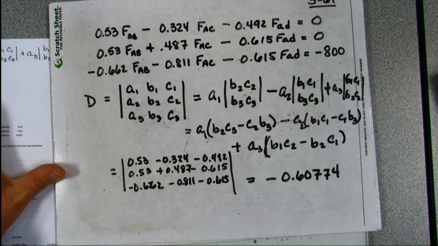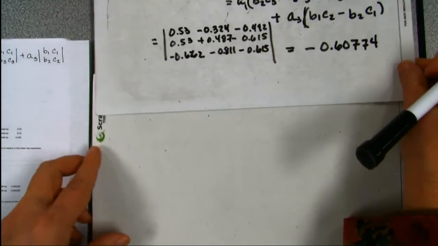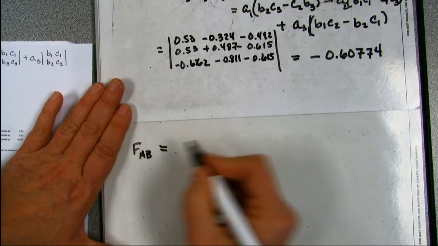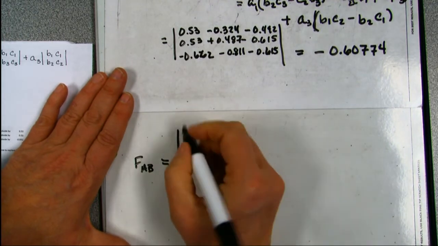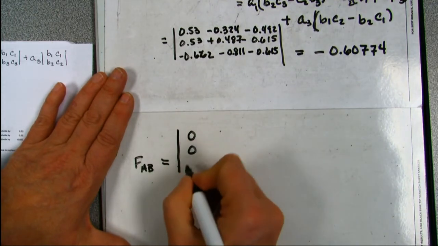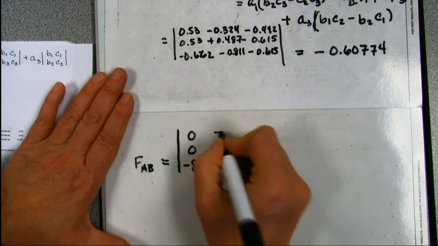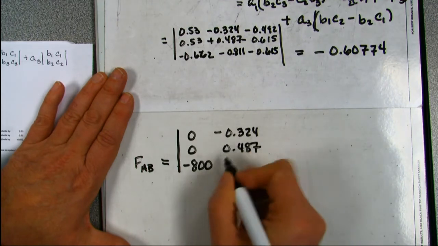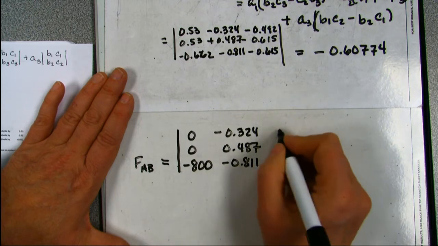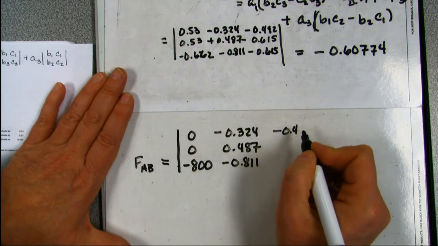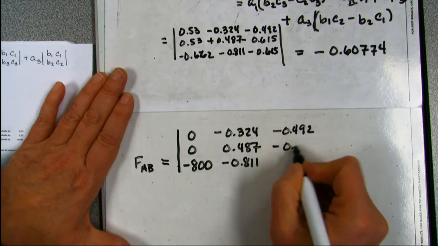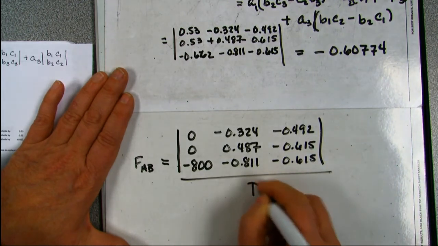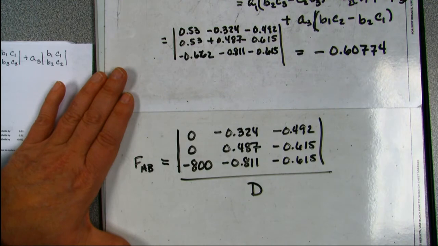I do that because to solve for FAB, FAB is going to be the determinant with 0, 0, minus 800 in the first column, then minus 0.324, 0.487, minus 0.811, minus 0.492, minus 0.615, minus 0.615, divided by that major determinant that I just calculated.